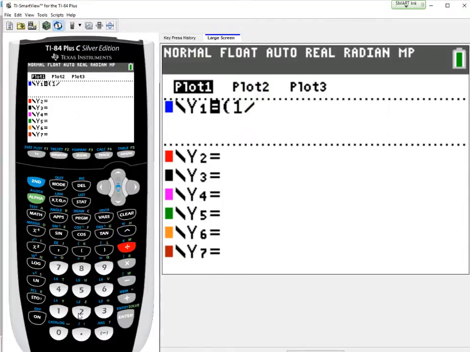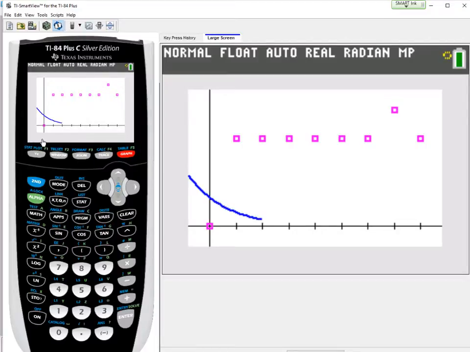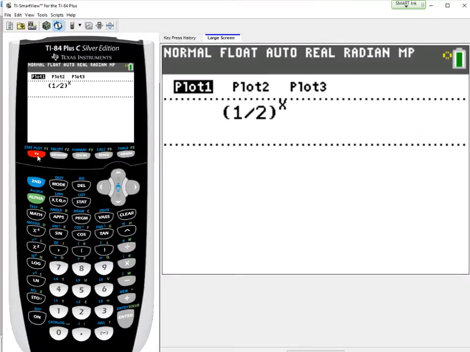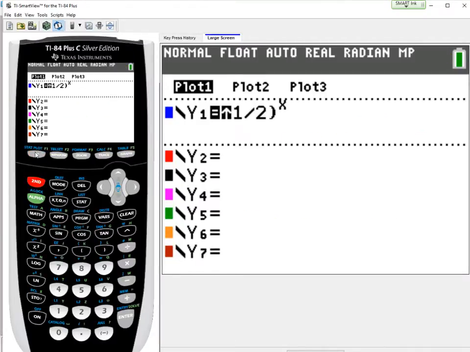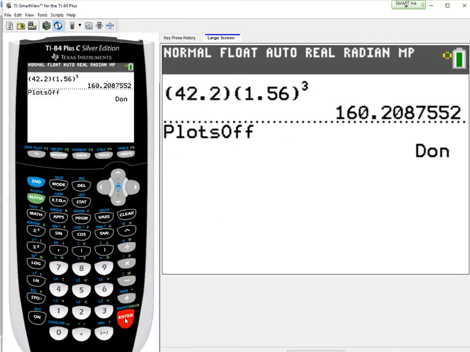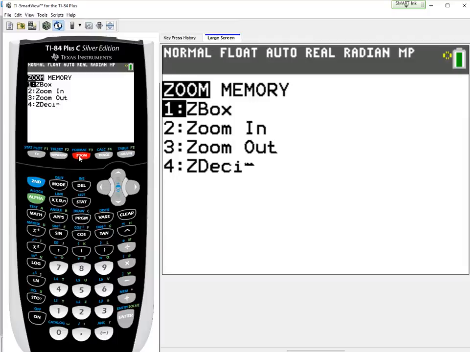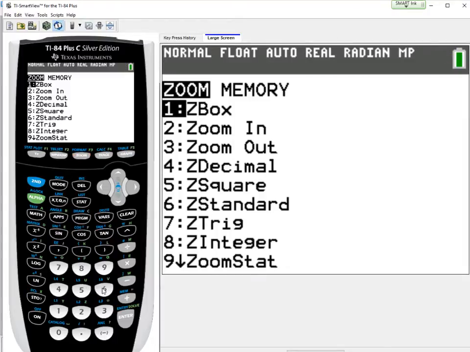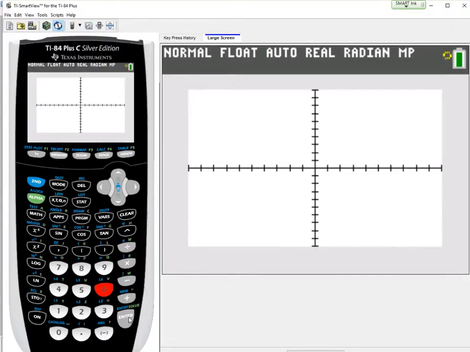I don't know. You're right. Become a fraction. Okay, so there's our y equals 1/2 to the x.